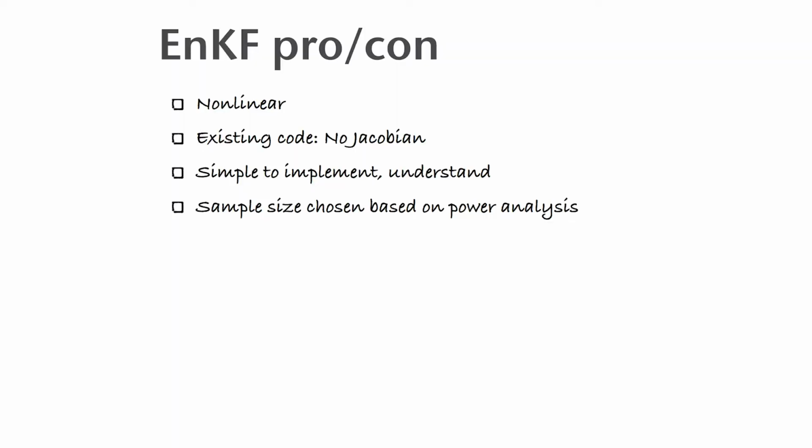How big should your ensemble size be? That's really a basic power analysis question. If I have some amount of variability in my ensemble, and I want some specific amount of numerical precision in my estimate of the mean and covariance, what sample size do I need to get a specific standard error? That's all it is.